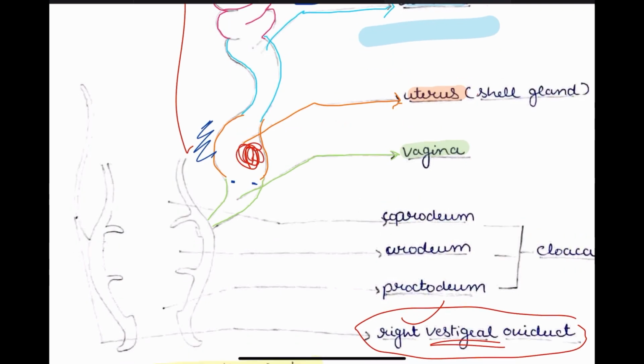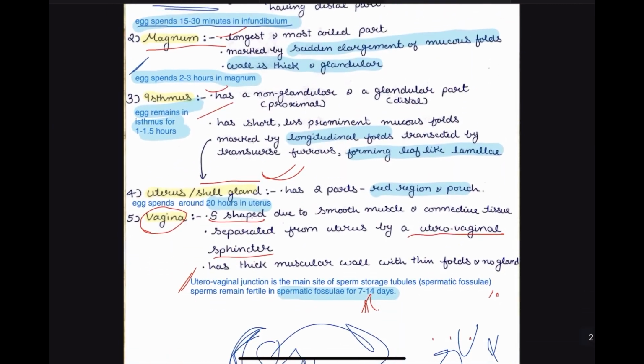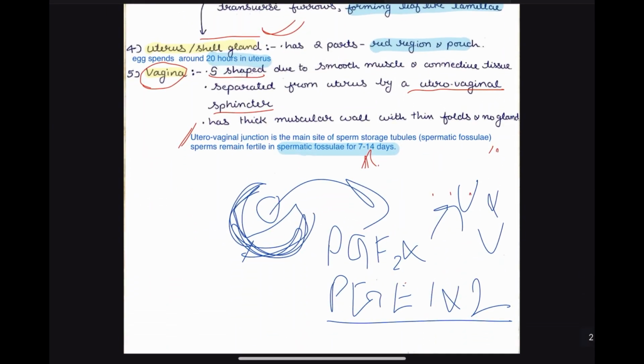Because of the contractions caused by PGF2 alpha, the egg is going to move into the vagina. Because of the relaxation in the distal part of the vagina, the egg is going to transfer into the urodeum part of the cloaca, and now it is going to be laid or released into the environment, which is called oviposition or egg laying. So this is basically the mechanism of egg laying.